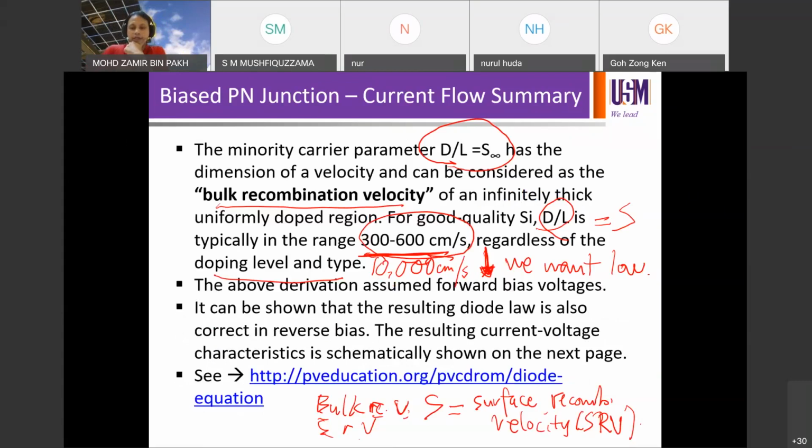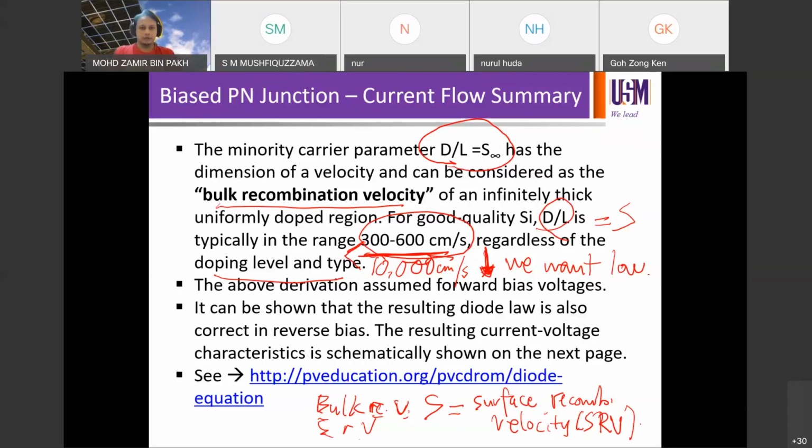Which one indicates a better material quality for your device? Right, 300. So if you have two different materials, one with a recombination velocity of 300 and another with 10,000, the one with 300 has a better material quality. The one with 10,000 has poorer material quality for a device, right?